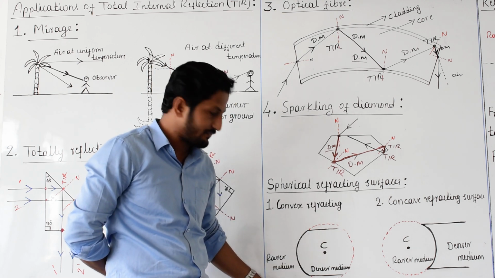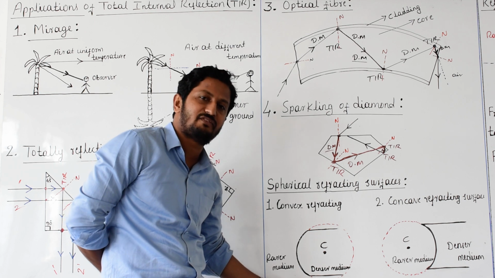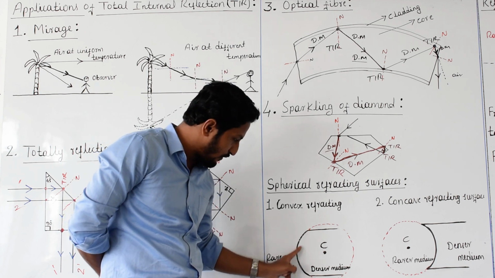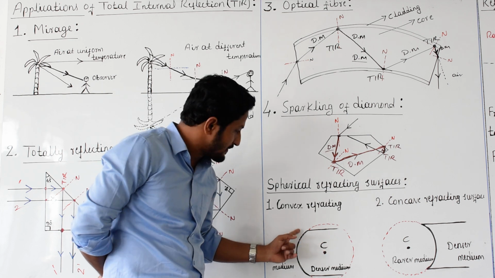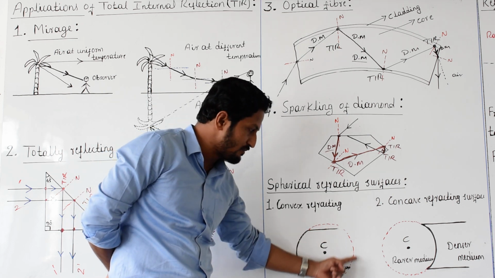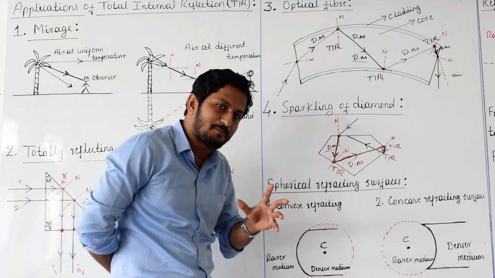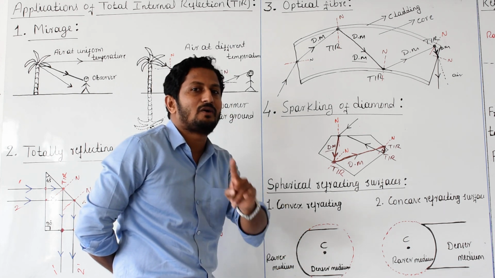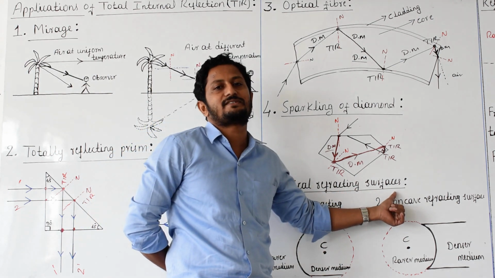The refracting surfaces which form a part of a sphere of transparent material are called spherical refracting surfaces.